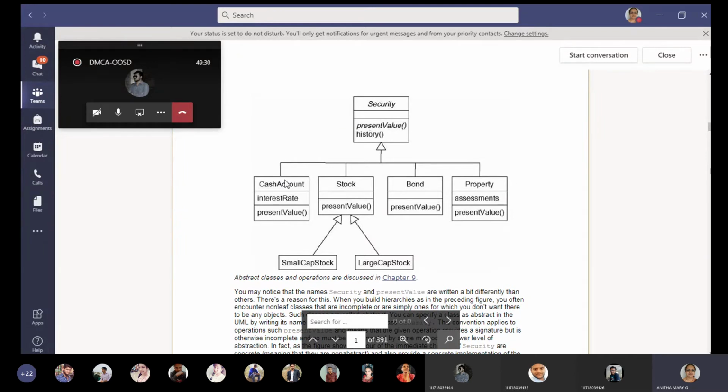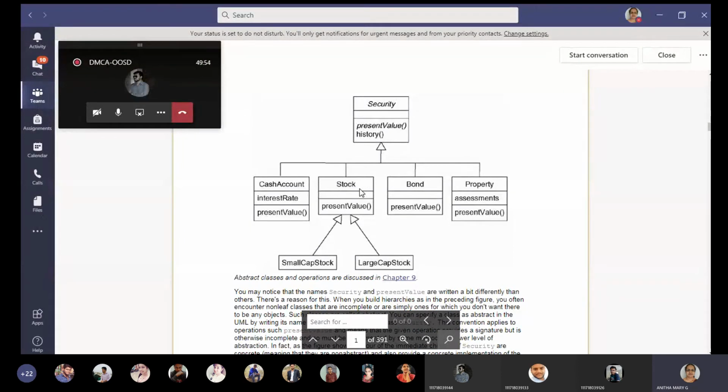Security can be given for different types. The different types of security are segregated in level 1. If this is level 0, then this is level 1. Since these are types, all the classes in the second level are types of the first level, so we can give generalization.